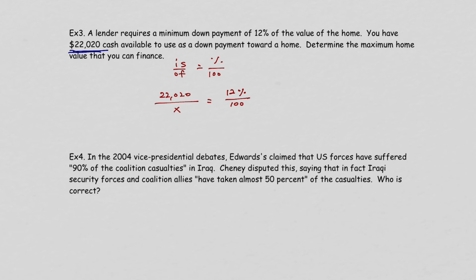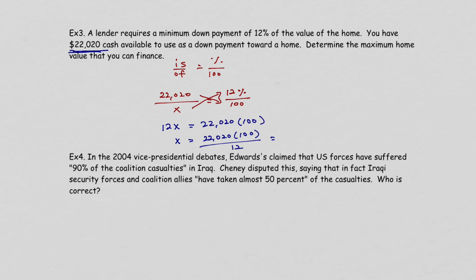Right? So when we use this formula, we do the cross multiplication. It should be equal to the same. So you have 12% times x equals 22,020 times 100. And isolate x by dividing both sides by 12. That will be your x value.